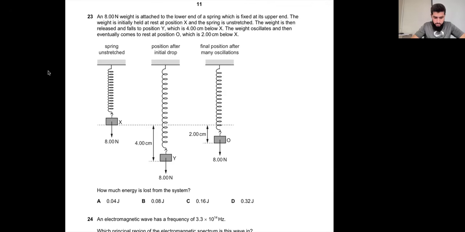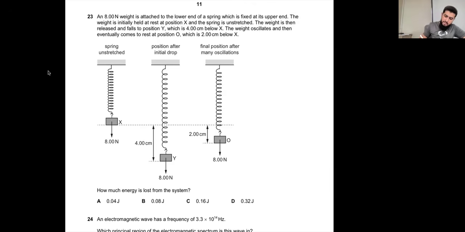from the system? Now, when we talk about the energy loss from the system, from position X to the final position, which is O, elastic potential energy of the spring increases because it extends.